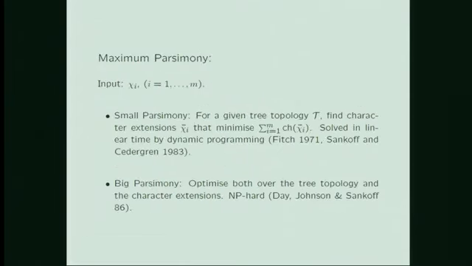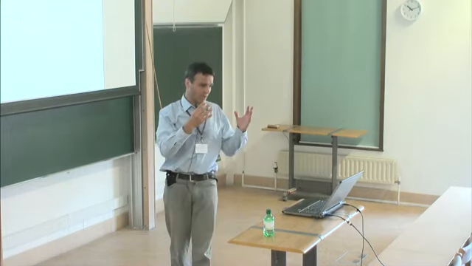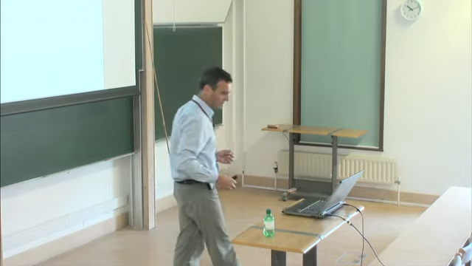So maximum parsimony simply tries to find a character extension that minimizes the number of changes across internal edges. It minimizes this function little ch of chi i bar across the different sites. I can do this for each site separately and then just add up.